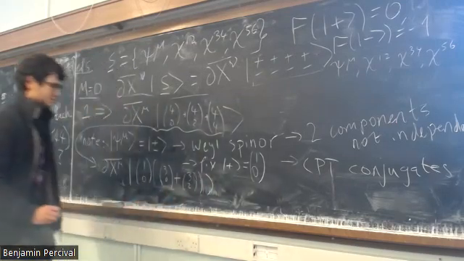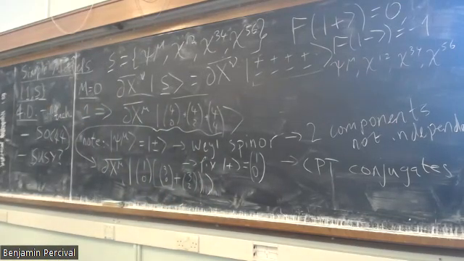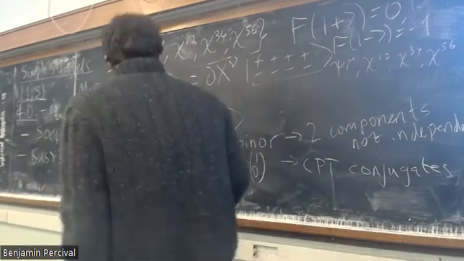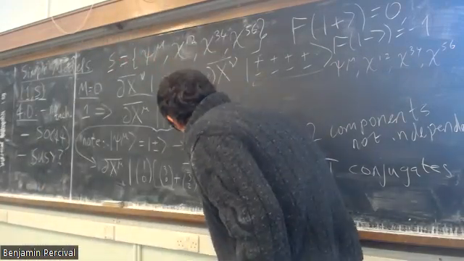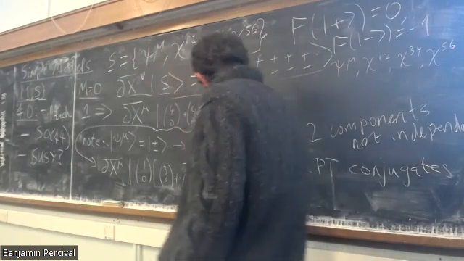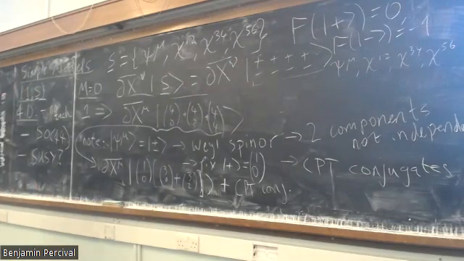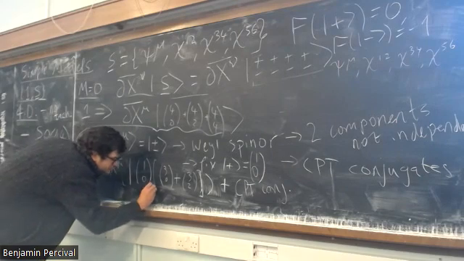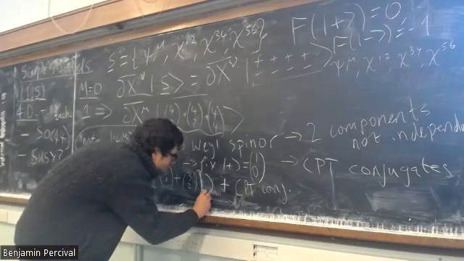So we'll write that as well: plus the CPT conjugate. This is psi mu, and this is the chi's.